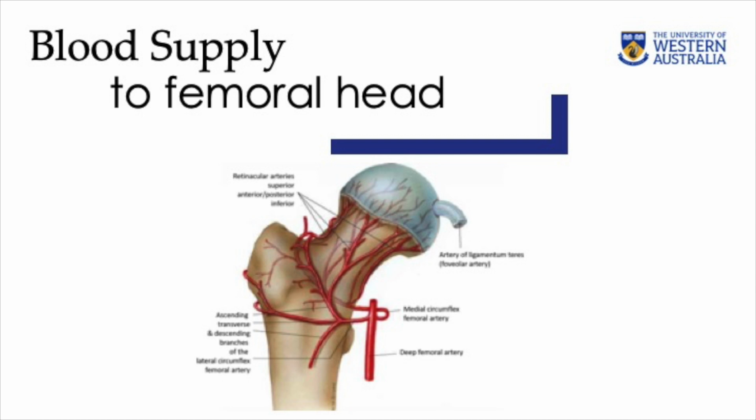This becomes important when we have a fracture to the proximal femur to determine whether or not the arterial supply is going to be compromised. We'll also see that there is the obturator artery that provides a branch, the foveal artery, into the head. This artery stops being patent by adulthood and becomes the ligamentum teres.